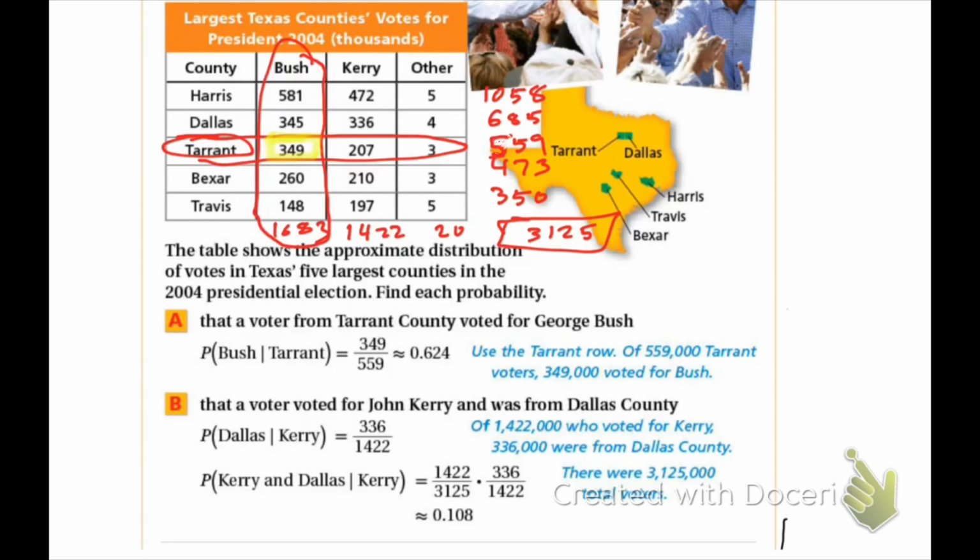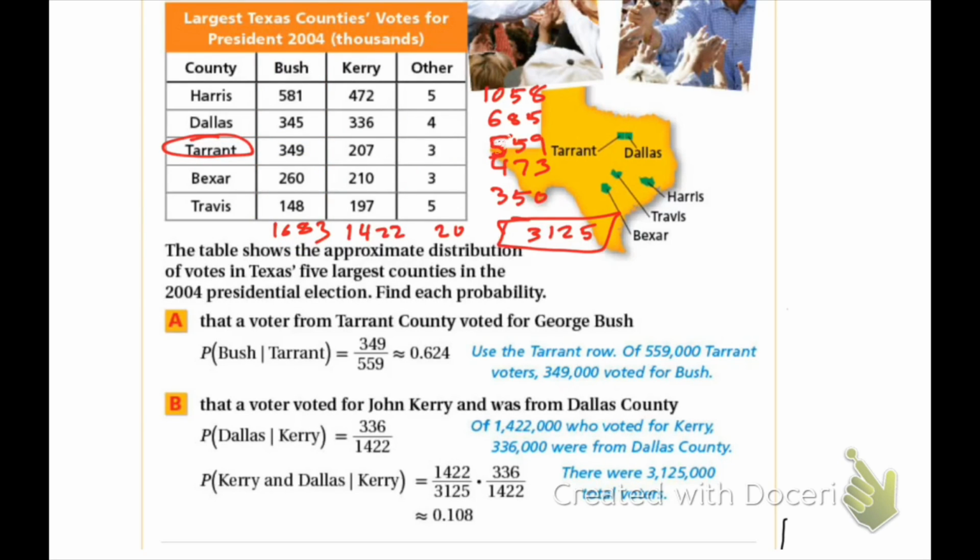That's B given A. The condition that must be met for this conditional probability is that they have to be from Tarrant County, and then vote for George Bush. Well, that's 349. What's our total? The total from Tarrant County is 559,000. So we do 349 divided by 559, and that gives us 0.624, which is the probability that a voter from Tarrant County voted for George Bush. Notice that the total here was only Tarrant County. That's all we cared about.